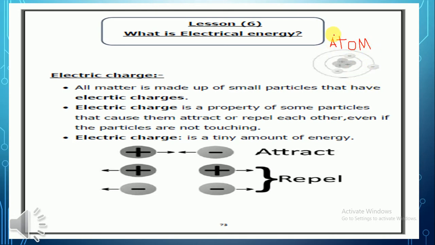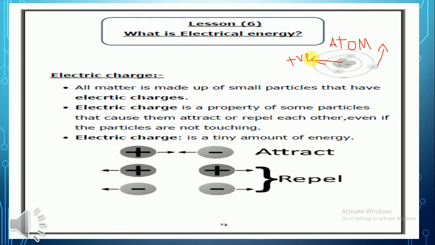Okay, as you see, this atom has minus, it's negative, and plus, positive. Here, this is positive charge, and this is negative.